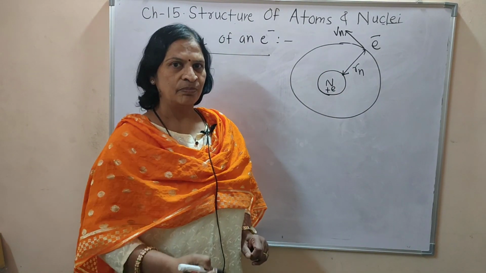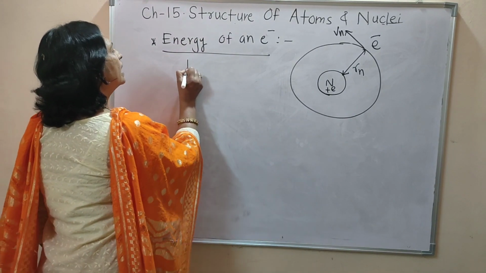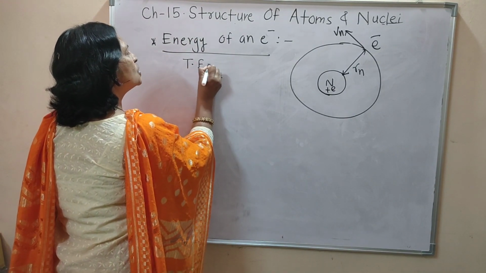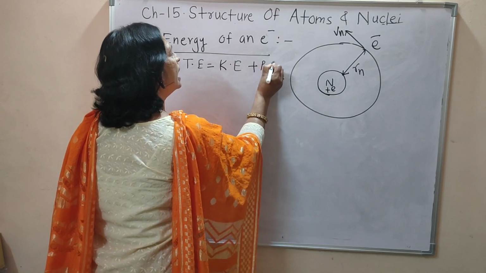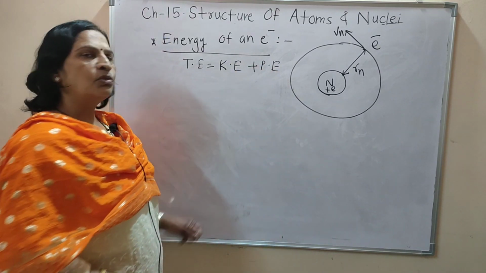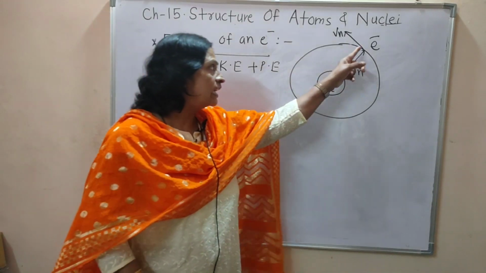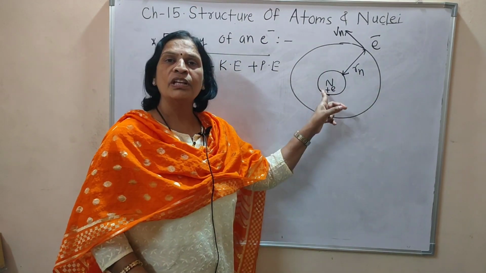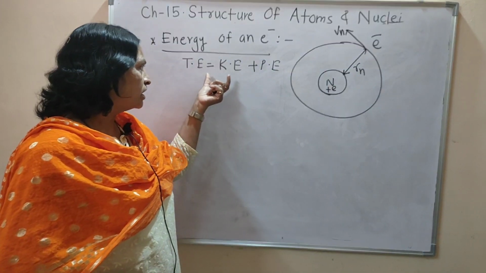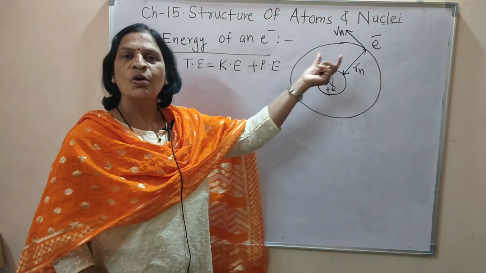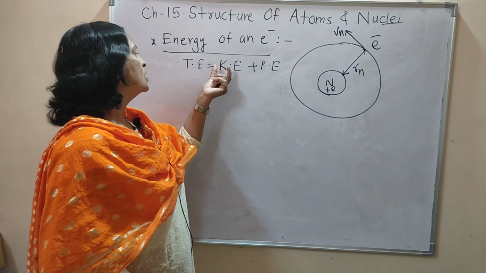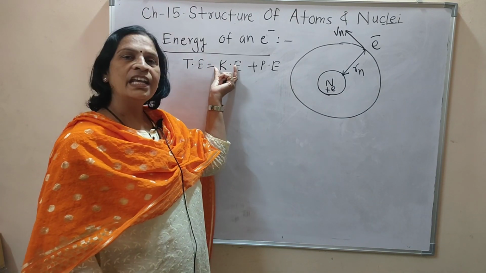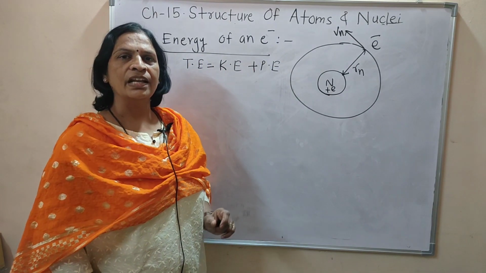Therefore the total energy is the summation of kinetic energy and potential energy. This means we have to calculate the energy of the electron revolving around the nucleus, which is nothing but the total energy of that revolving electron, the summation of kinetic energy and potential energy.